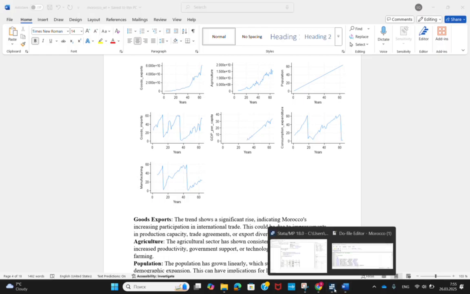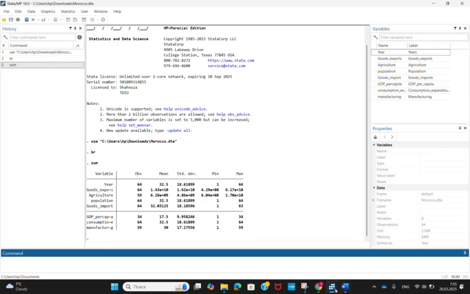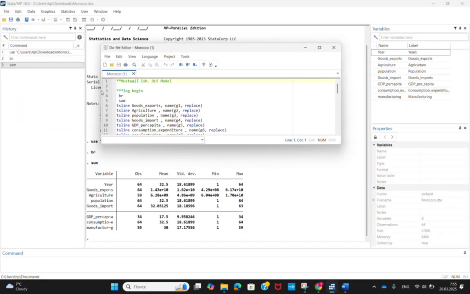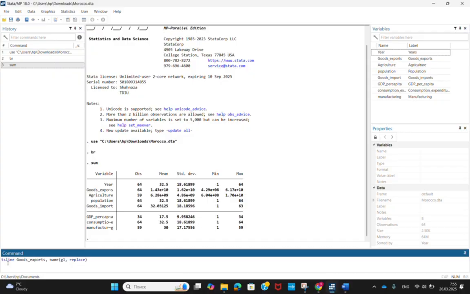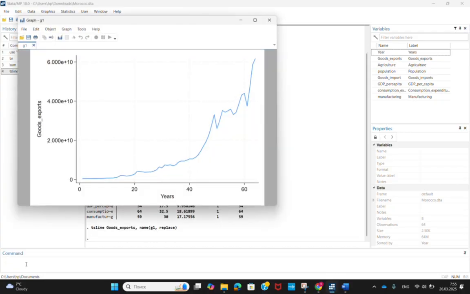Let's see from the time series line. Goods exports are increasing year by year. This is a positive correlation, a positive deviation, a positive result for us.